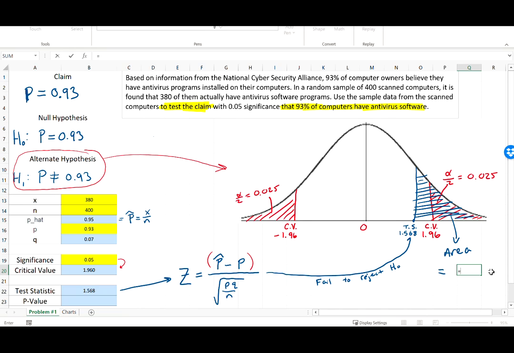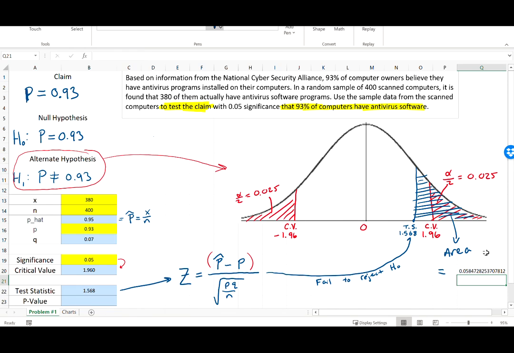We want area to the right, so we need the complement of the area to the left. Excel only does area to the left, so equal 1 minus norm.s.dist, and our z-score, that's our test statistic. Cumulative, yes, we always say yes, so true or the number 1.